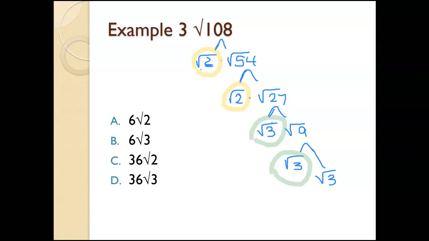So that means this becomes 2, because you take 2 outside, make it 1, times 3, and then everything that's left behind. 2 times 3 is?